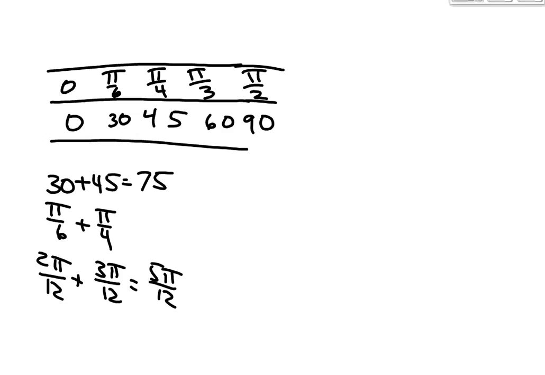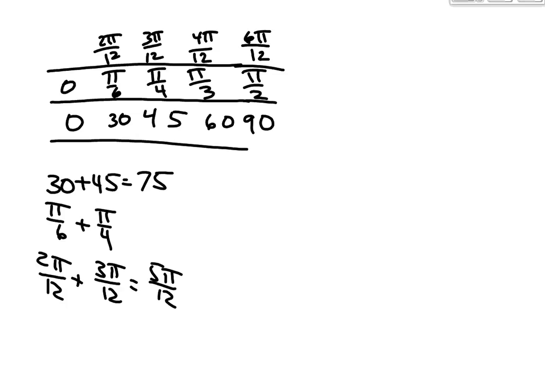Correct? And so one thing you might want to think about is, not necessarily adding another row, but thinking about if I need to manipulate these somehow, this would be 2 pi over 12, 3 pi over 12, 4 pi over 12, and 6 pi over 12. So that'll help you get those combinations.